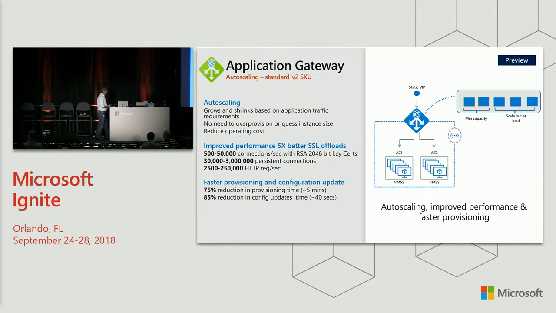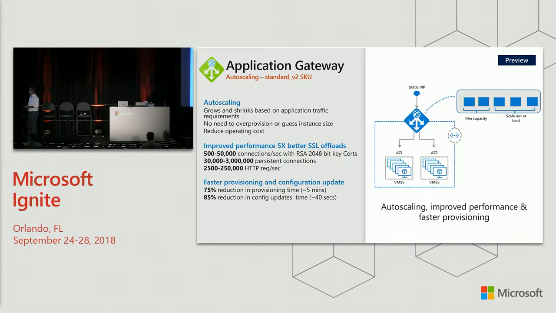We have also, in the same platform, improved the performance by a lot. Just on RSA 2K keys, we are seeing a 5 times improvement in the number of SSL terminations it can handle. And you only pay for the number of scale units you consume.